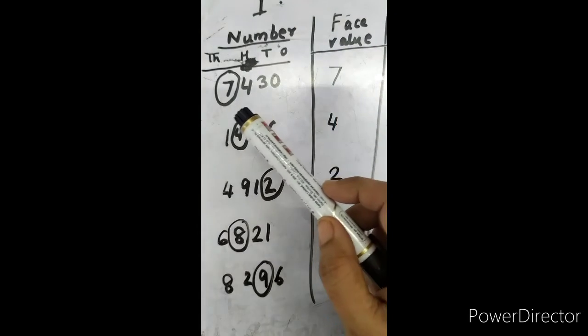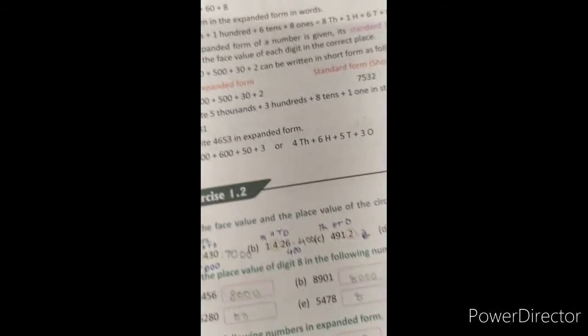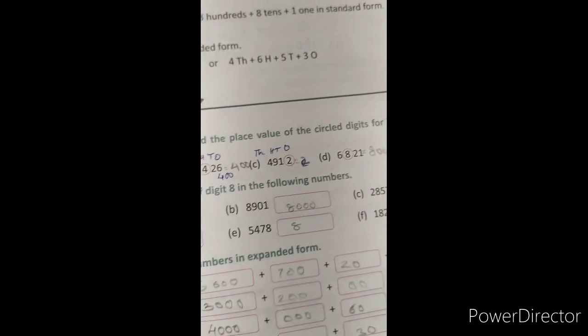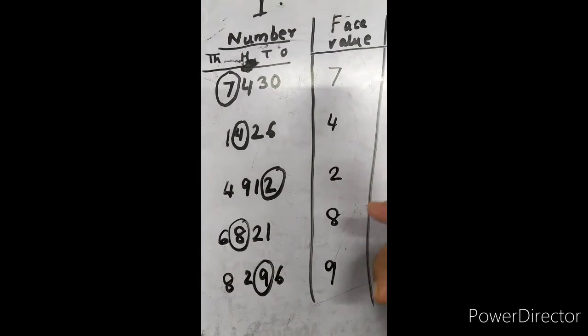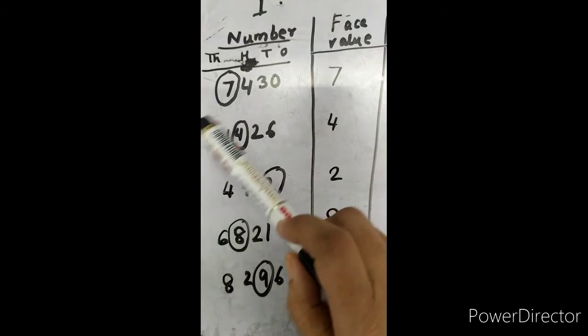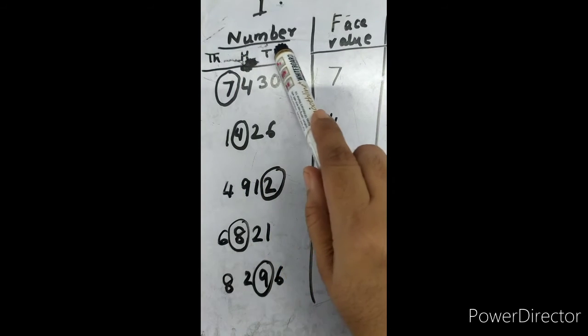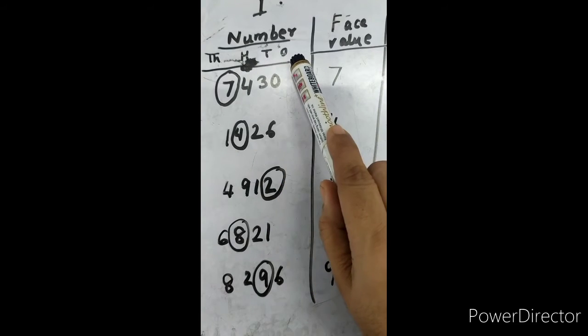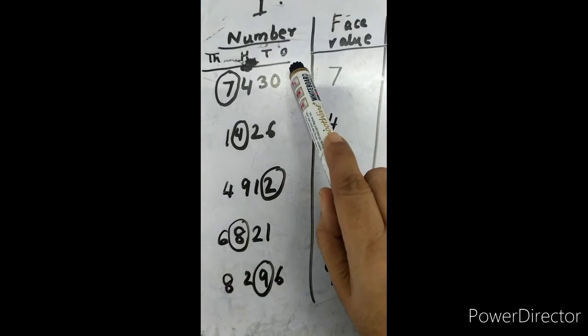You have to write the place value and the face value of this number. So we will draw a chart and write it down. Okay. So you can see I have already written number, then 1000, 100, tens, ones. These positions I have already written.